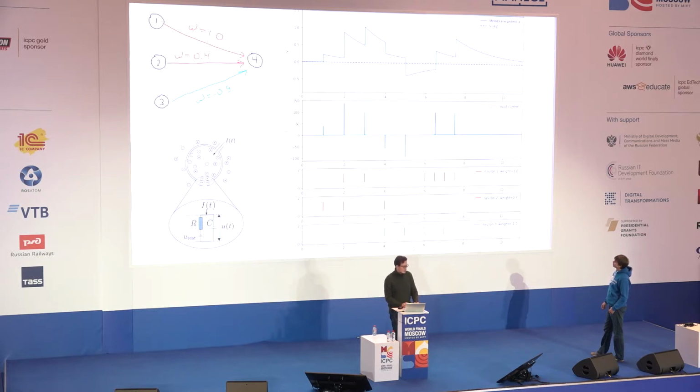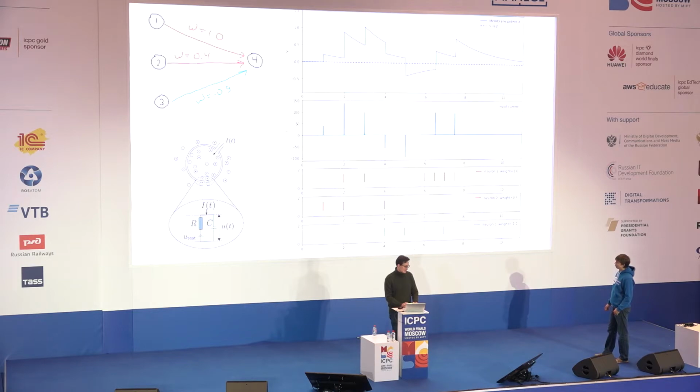The weights between these neurons have different strengths. For example, the weight between the first and fourth neuron is 1.0, another is 0.5, and another is a negative weight, 0.9. In neurobiology, these types of neurons are named inhibitory neurons because they inhibit the dynamics of the postsynaptic neuron.